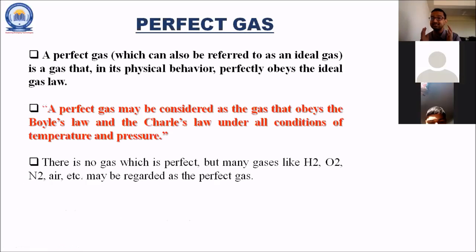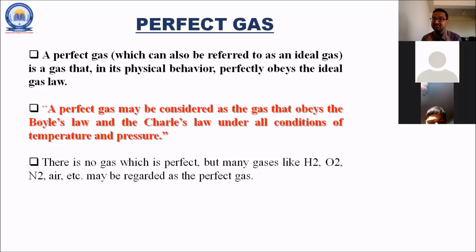Moving further with the next topic, that is the perfect gas. Dear friends, a perfect gas in engineering terms or in mechanical engineering terms, it is generally referred to as an ideal gas, because this gas in its physical behavior perfectly obeys the ideal gas laws.